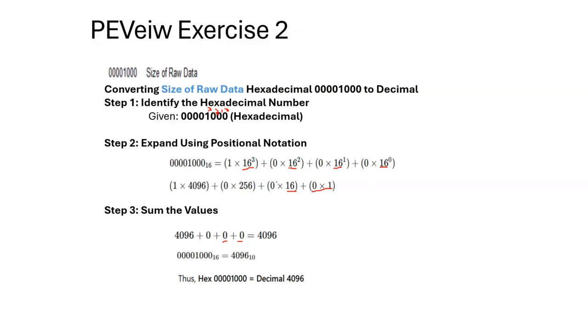Then 16 raised to power 2 is 256. Multiplied by 0 will still give you 0. Okay. Then 16 raised to power 3 is 4000 plus times 1. Okay, it will give you 4000. So basically the correct answer here is 4096.